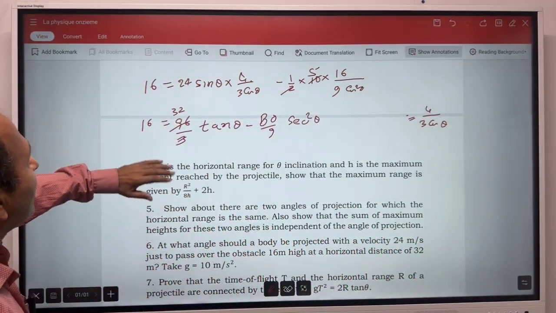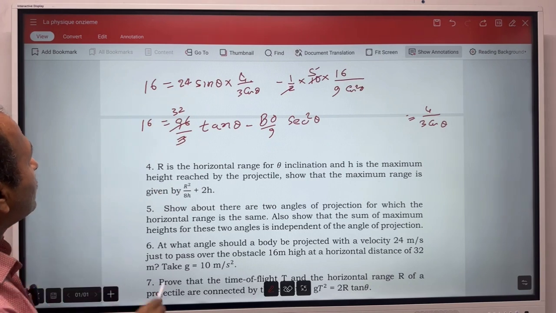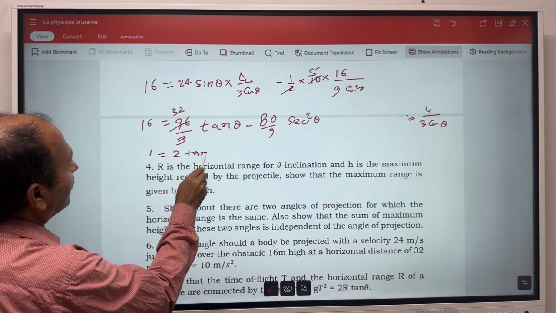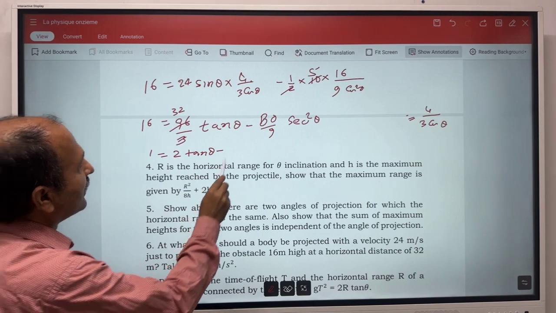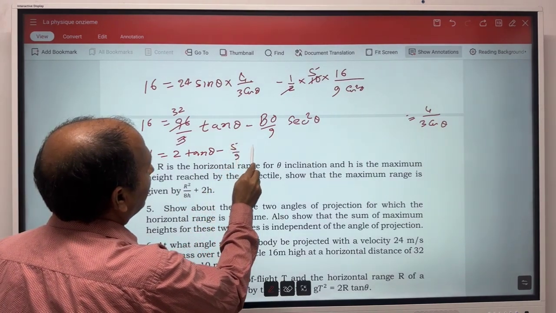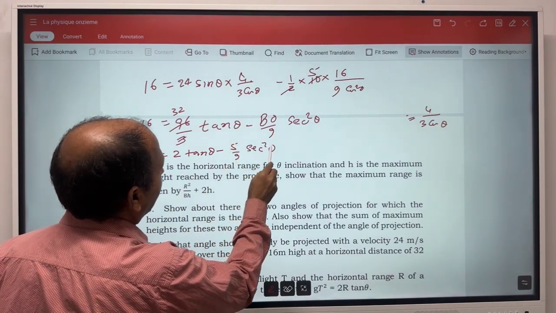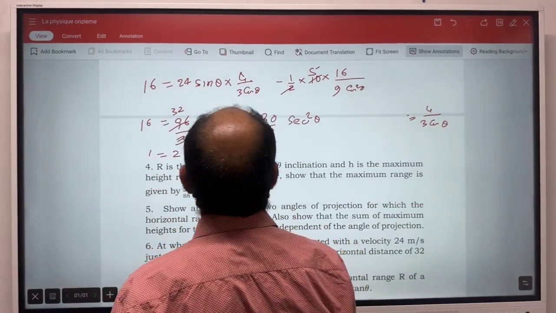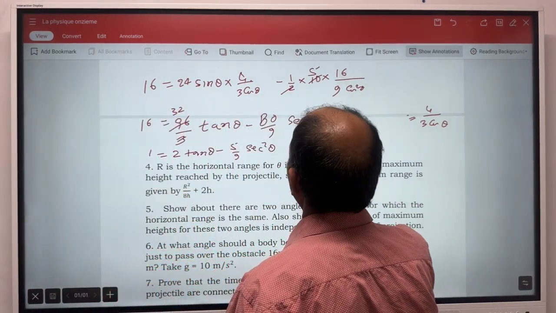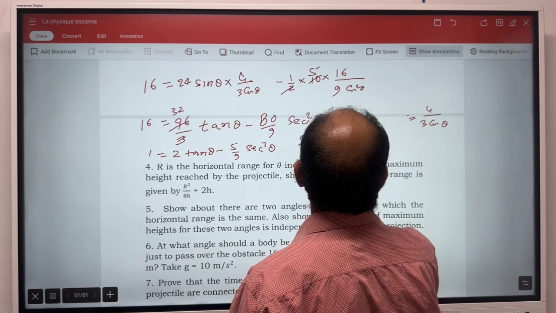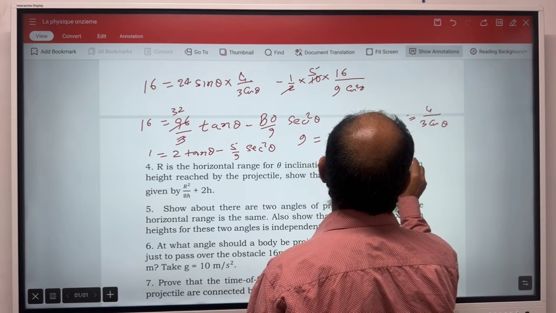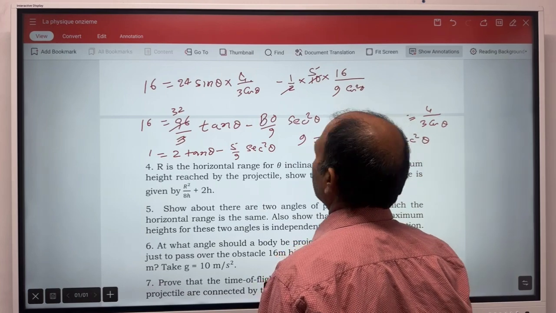Here this equation can be divided by 16 throughout. So 1 equal to 2 tan theta minus 5 upon 9 sec square theta. Further we can multiply each term by 9. So 9 equal to 18 tan theta minus 5 sec square theta.